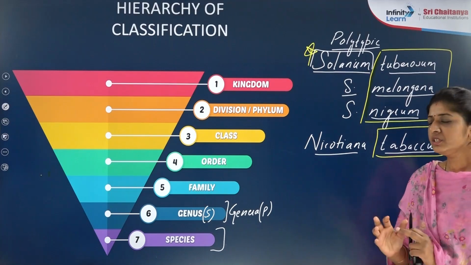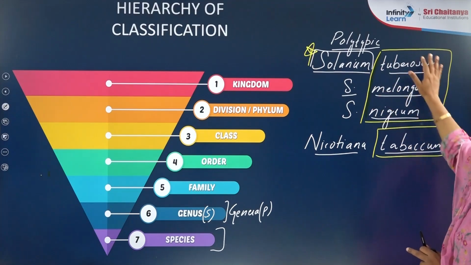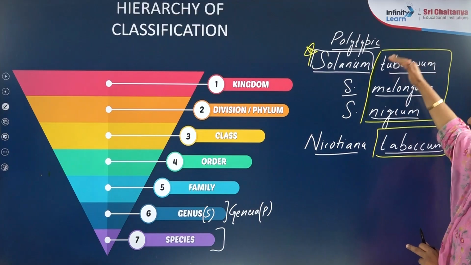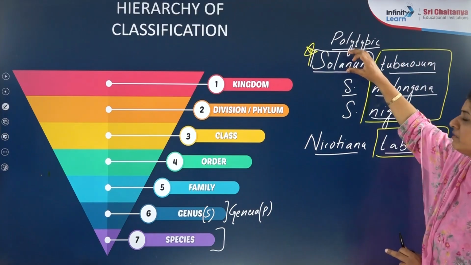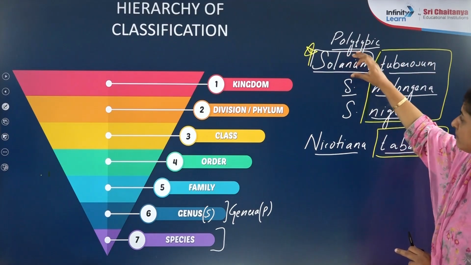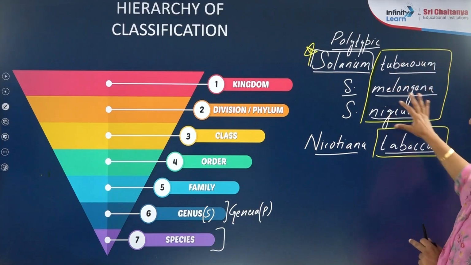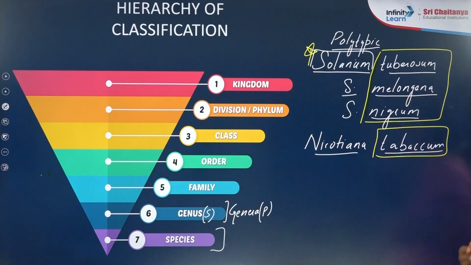Getting that? So they are just comparing different taxa under the same higher category, Solanum. So Solanum has these species which are more common as compared to tabacum, right?